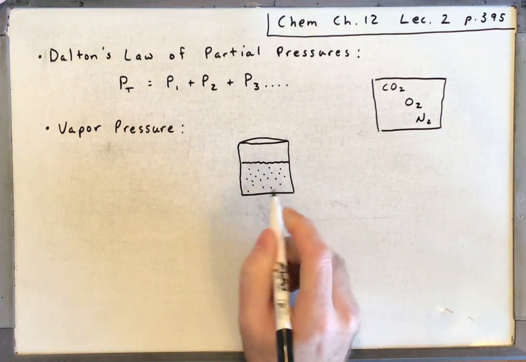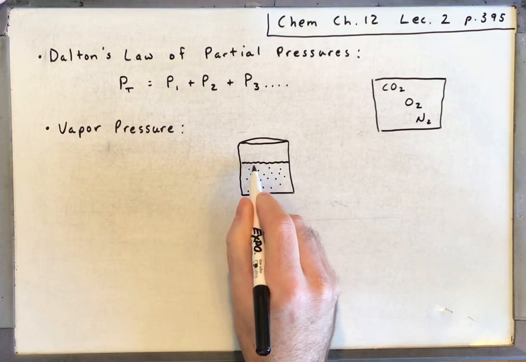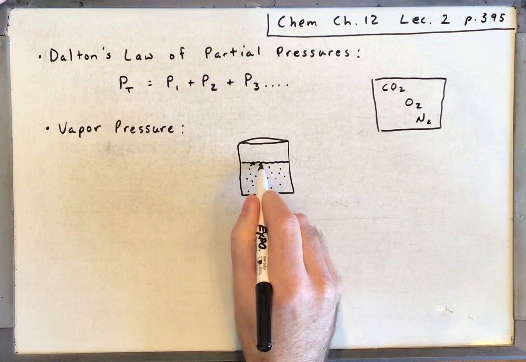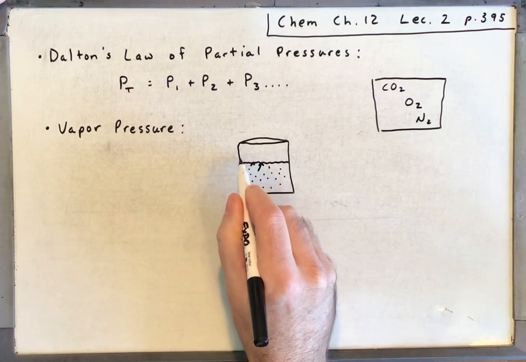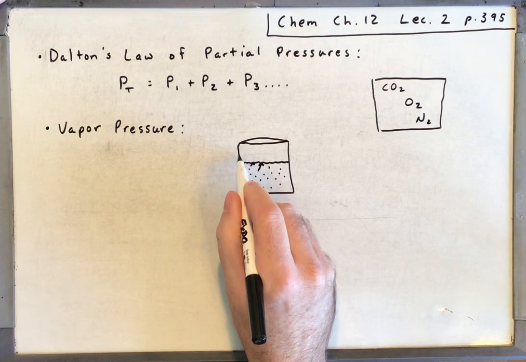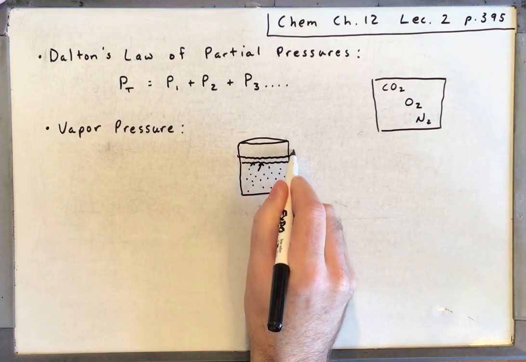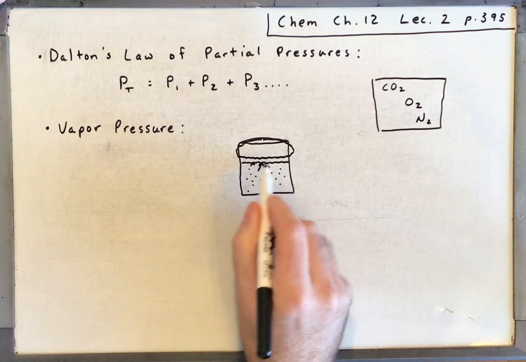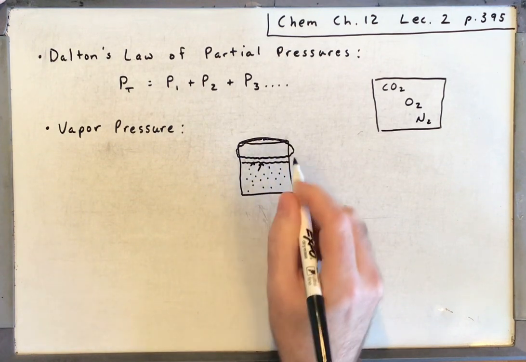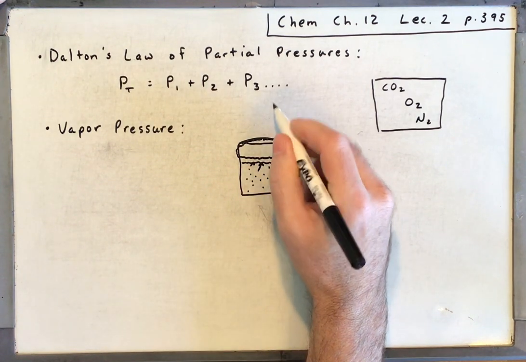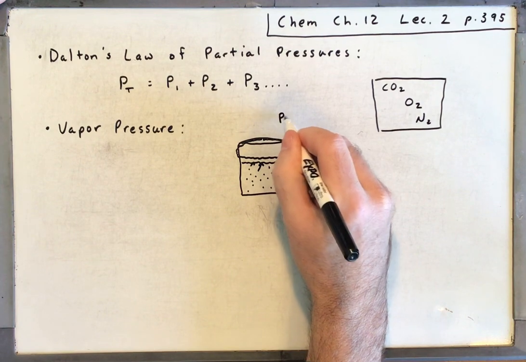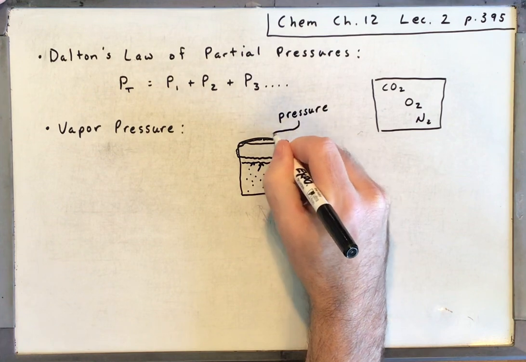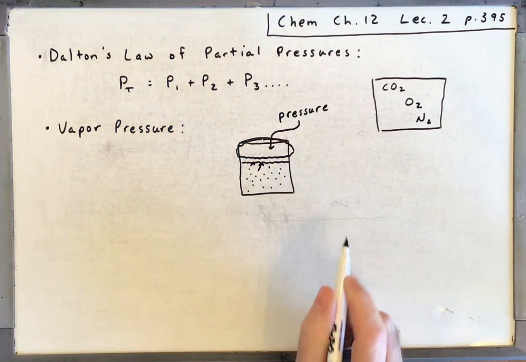What's going to happen over time is some of those water molecules are going to hit the surface and escape. They're going to form a little vapor cloud above the surface of the liquid. Vapor pressure is the pressure of the gas that sits above the liquid.